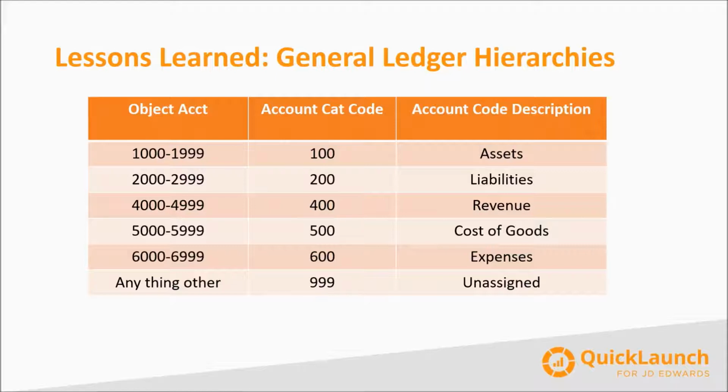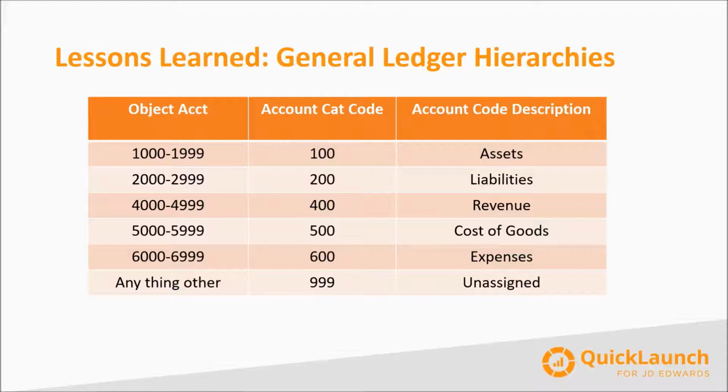So you might define those by object ranges 1000 through 1999 are account cat code 100, and that is assets. I might have another account code that is account code 2 that breaks down assets and liabilities to the next level. So these are our hierarchies, and I'm going to show you the next screen is a screenshot of the hierarchies, and I'll also show you how those work in process in our Power BI sample.